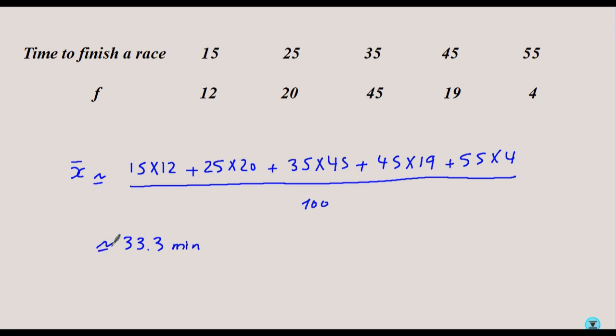Now, someone might say that those 12 people may have actually arrived evenly distributed in the interval. And in that case, their mean time would be the same as the 15. So it makes no difference.